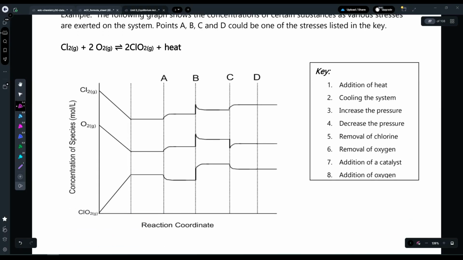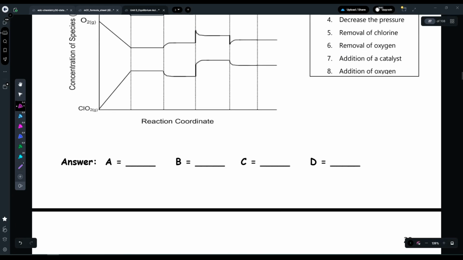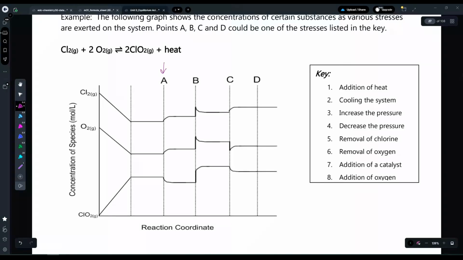All right, so what we're going to do is first color code each of the lines just so it's easier on the eyes here. And then we're going to look at each of these points, so point A, B, C, and D individually to figure out which one of these changes has occurred, and then we're going to record our answers below.